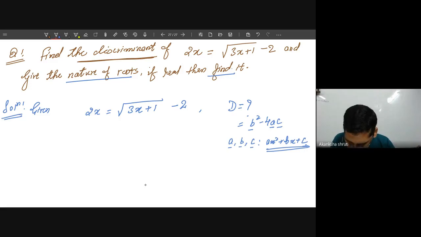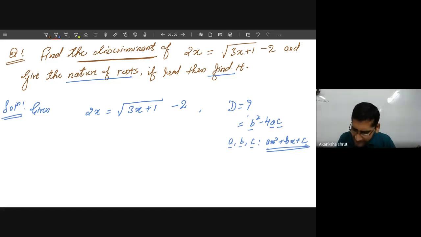Student, how can I remove this root now? If I am just going for squaring both sides, I cannot remove that root, because at that time this root term will act as a and 2 will act as b. So it will become a minus b whole square term. Still you will get the 2ab term where root will remain as it is.